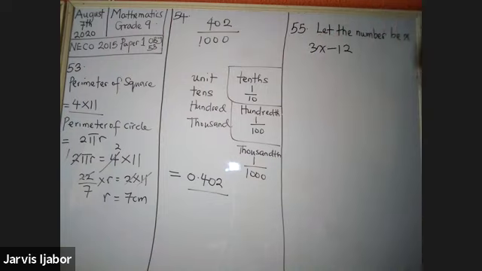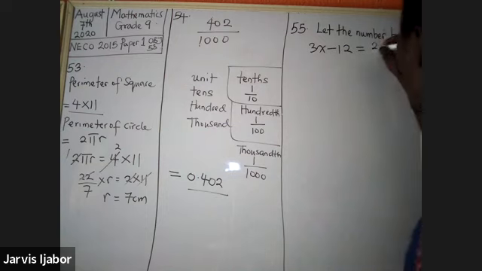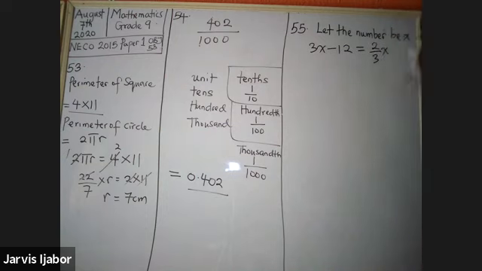That's what that means. When you hear the word result, result means equal to. The result is 2/3 of that number plus 16. So this is what the equation will look like.